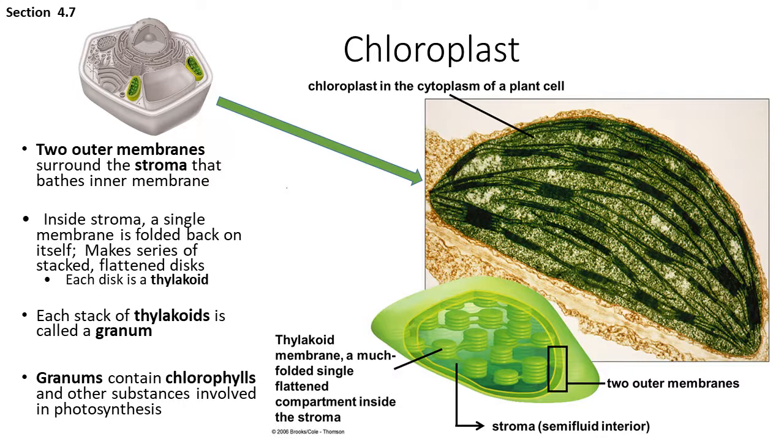So two outer membranes that surround the stroma and bathe an inner membrane that is folded into thylakoid stacks. Each stack of thylakoids is called a granum. The granums contain chlorophylls and other substances that are involved in photosynthesis.